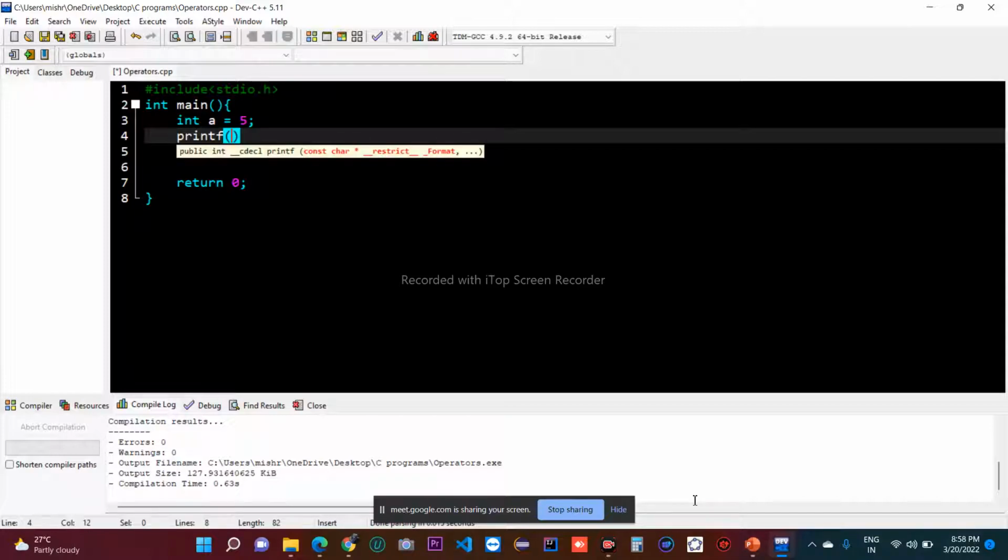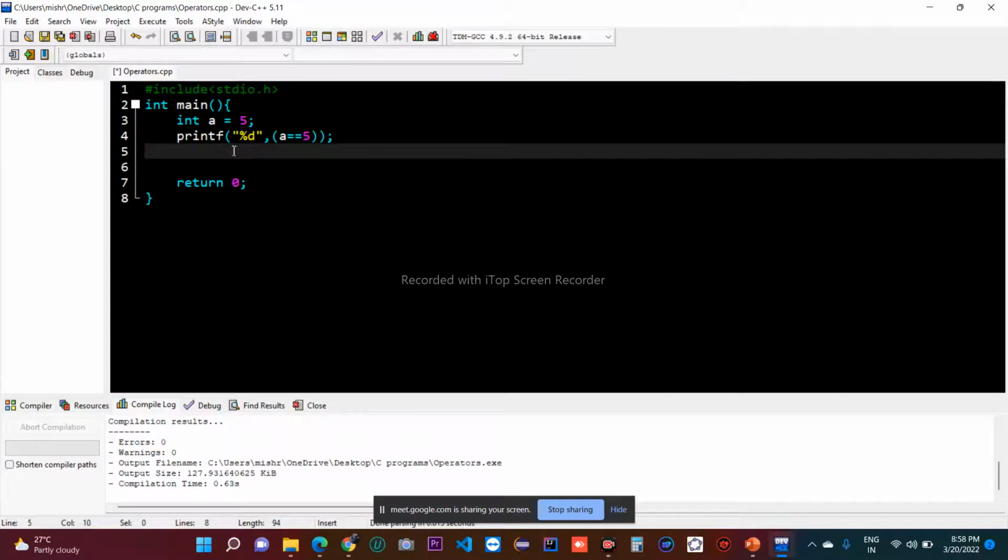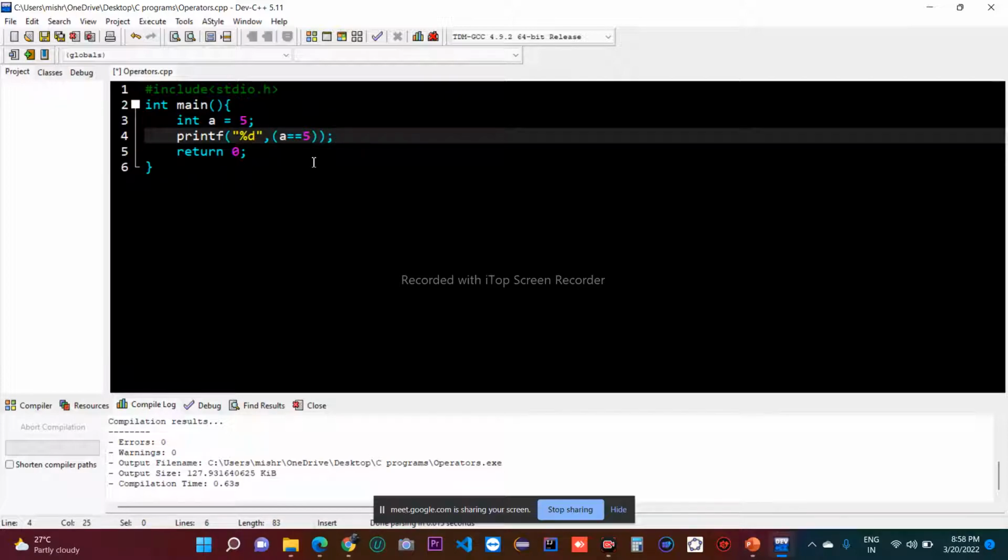Let's say I write a statement printf %d, and inside it I write a condition, a equal to 5. So what is the meaning of this instruction?